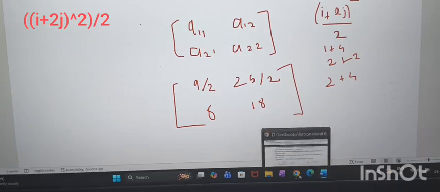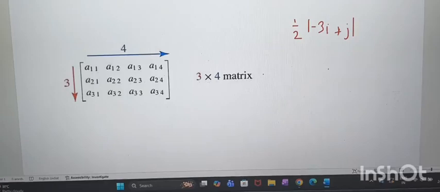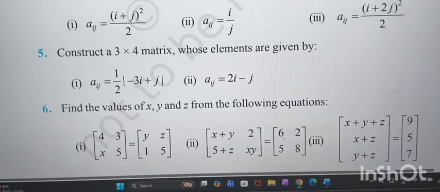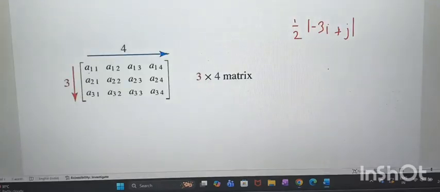So similarly, our next question, instead of a 2 cross 2 matrix, they're asking us for a 3 cross 4 matrix, and they have given this particular formula. So let us do this also. So as you can see here, they were asking for a 3 cross 4 matrix. So this is how the general form is going to be.